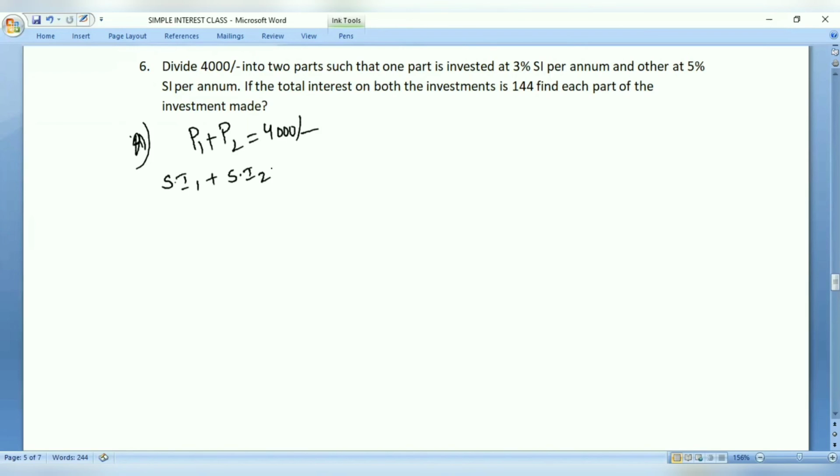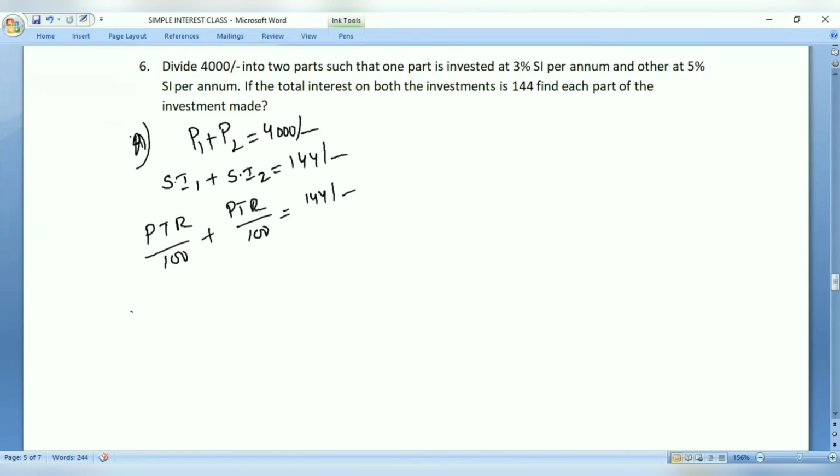SI from the first part plus SI from the second part becomes 144 rupees. So SI1 means PTR by 100 for the first part of the amount, and for the second part, PTR by 100. This total should be equal to 144 rupees.